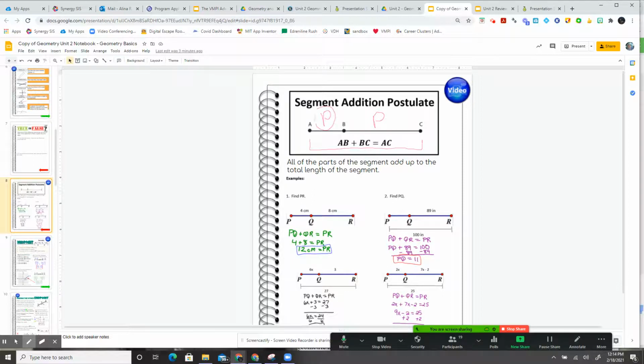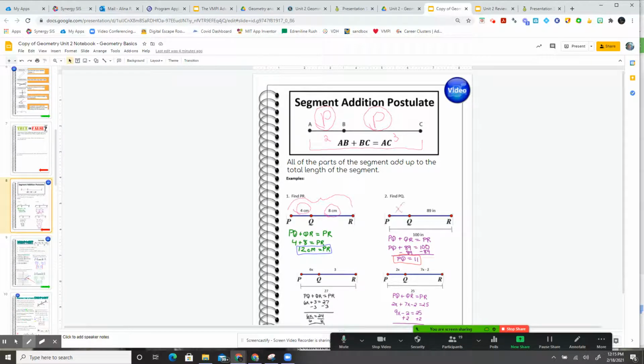Again, if I have 25 cents and I add 75 cents to it, I have $1, right? If I go 2 miles from my house to the rec, and then I go 3 more miles to my friend's house, that's 2 miles plus 3 miles. I've gone 5 miles total. The part plus the part equals the total.